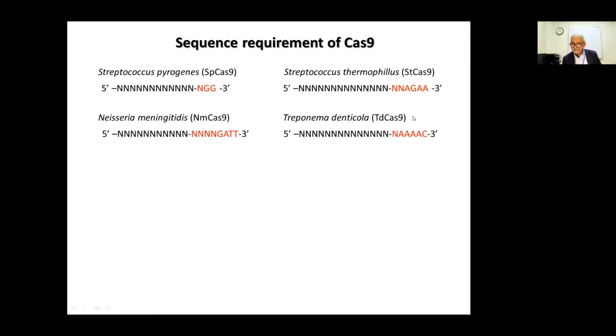And there are far fewer chances of finding a TD-Cas9 PAM site because it requires a much longer specific sequence for PAM. That's the reason for SpCas9, the GG, there is a high probability you will find it.